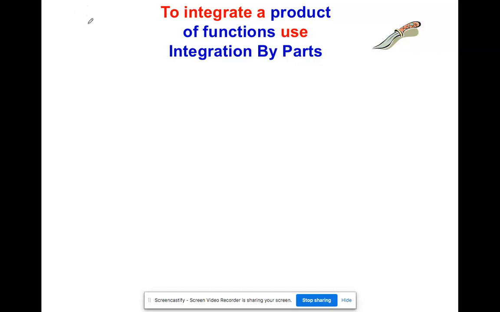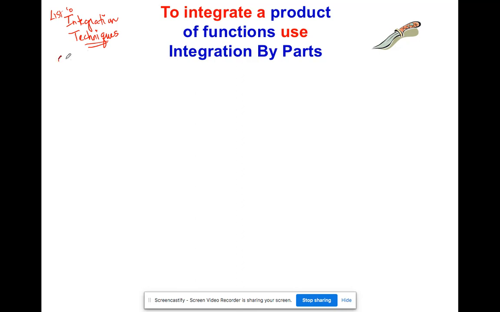Hi kids. Today we are going to learn an integration technique. Remember, you should have two lists. You should have a list of rules, like your power rule, your power of -1 rule, your trig rules, your inverse trig rules, your exponential rules, and then you should have another list of integration techniques.